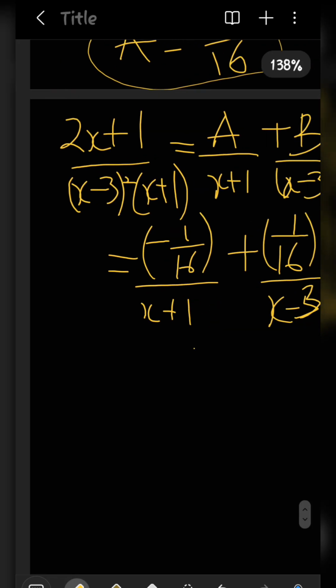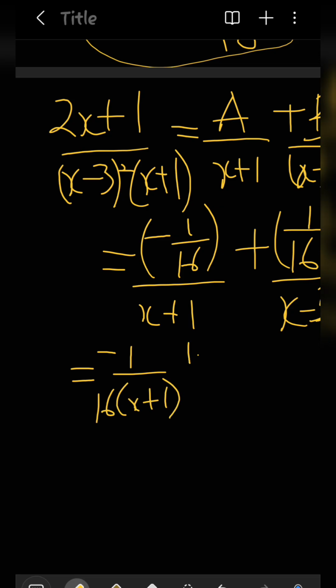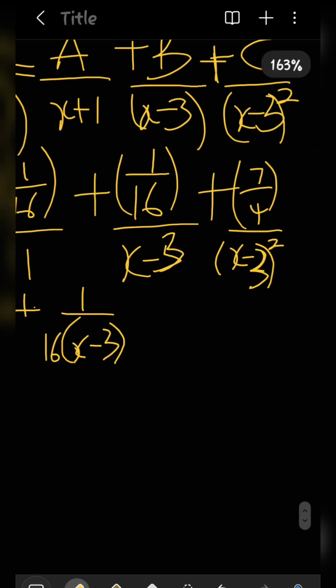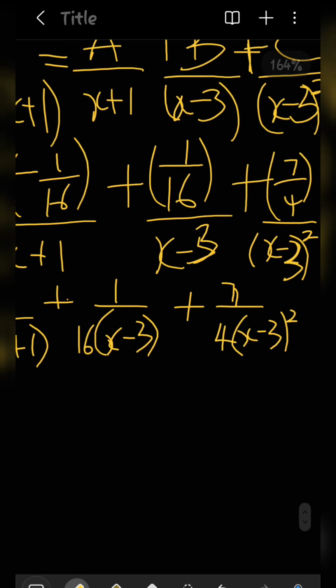So this is now going to be minus 1 over 16 into x plus 1, plus 1 over 16 into x minus 3, plus 7 over 4 into x minus 3 all squared.